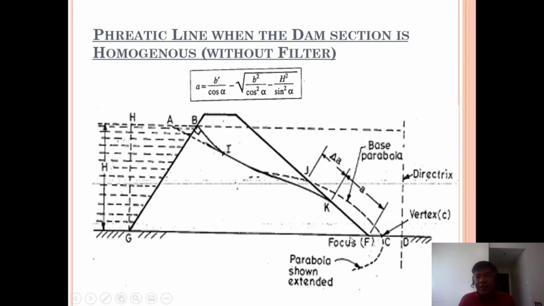If you don't have the drain, the seepage could be somewhere here. So there are some assumptions in terms of where the parabola is and how we are going to draw it. This is actually the equation for the values here of A, then this delta A also, and so many other factors.